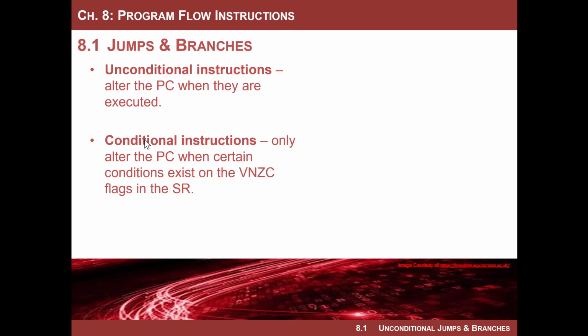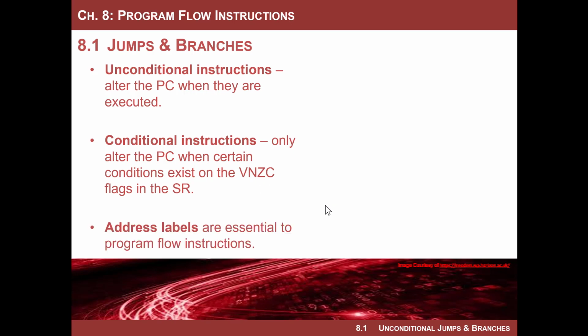But conditional instructions will alter the program counter based upon conditions. Now you say, well, what kind of conditions exist? The only thing in the computer that's tracking conditions are the status flags in the status register. So conditional jumps and branches, they look at the V, N, Z, and C flags in the status register and will either jump or not jump based upon these values.